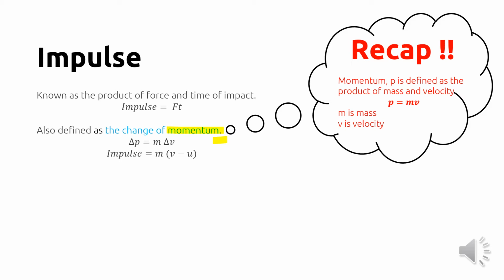When we simplify, it is equivalent to mv minus mu. Therefore, impulse is Ft equal to mv minus mu. The unit of impulse is Newton second, or kilogram meter per second.